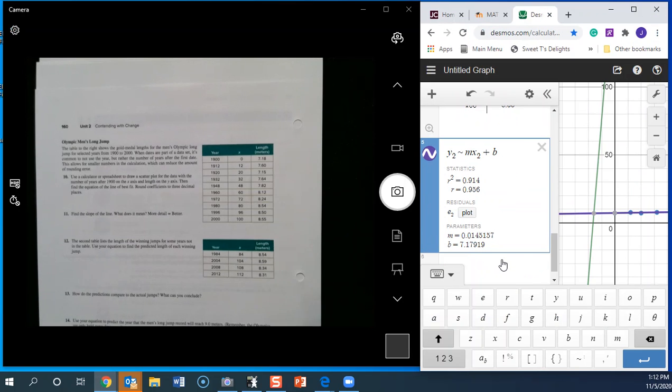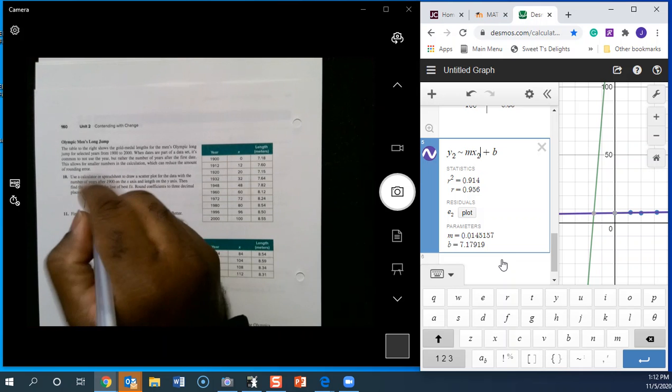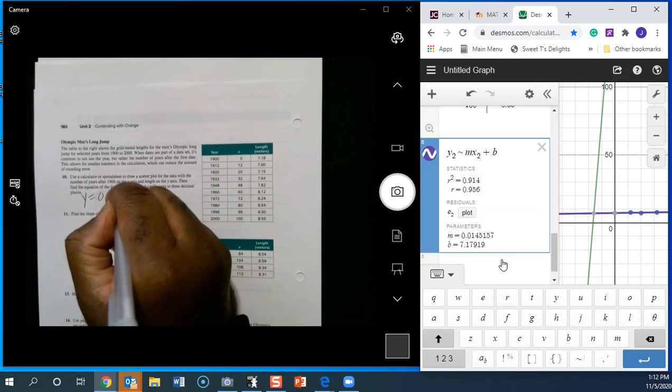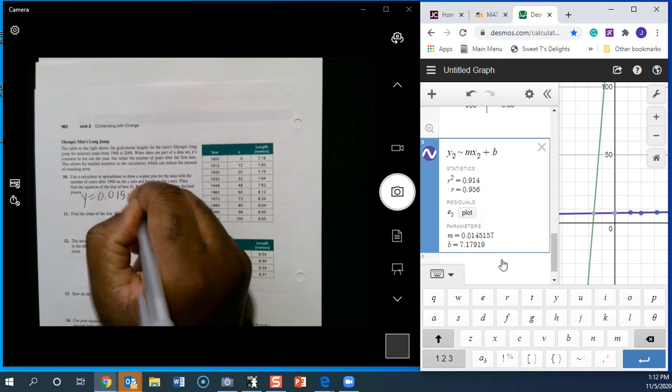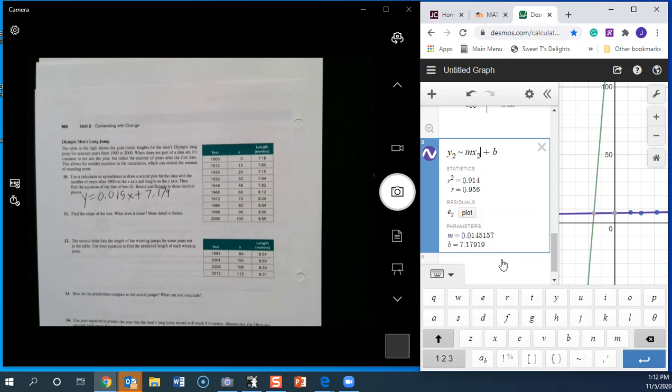Now, our equation will be y is equal to, we could round to 2 decimal places, or make it 3, 0.015x plus 7.179. That is our equation. It says find the slope of the line. What does it mean?